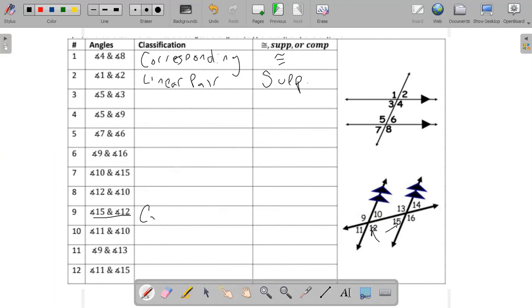So they are consecutive interior, yep. I think it's just the whiteboard program because I don't have this issue at school. So those are consecutive interior, and if you look at the top of your page, you see that consecutive interior angles are supplementary.